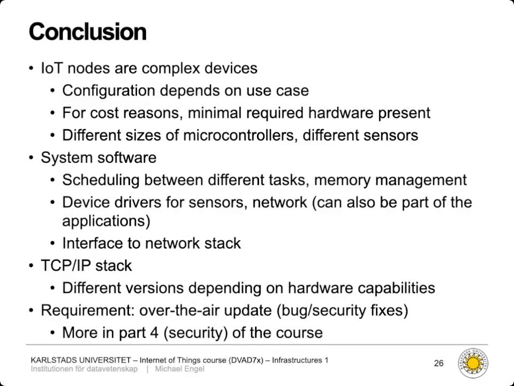One interesting requirement we'll talk about more in part 4 is something Contiki provides, the over-the-air update. Nowadays, even in your car, all the embedded devices have lots of software running on them, and they may have bugs and also security problems. So you actually want to update them in the field, what we call, so when they're deployed at a customer site.